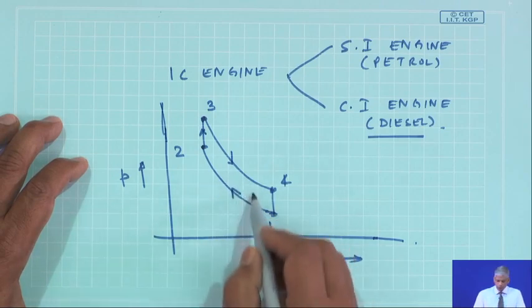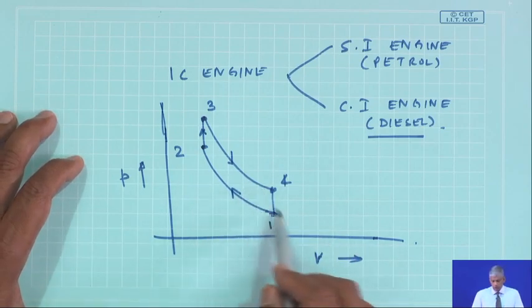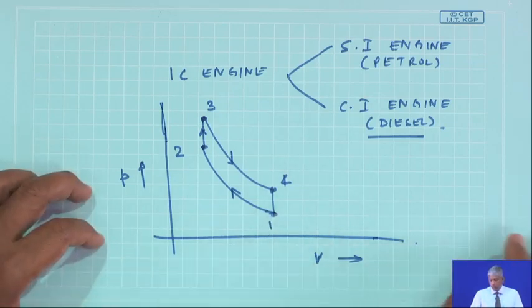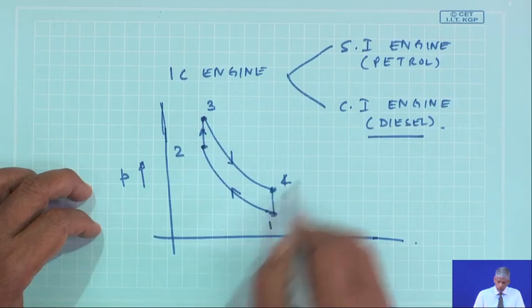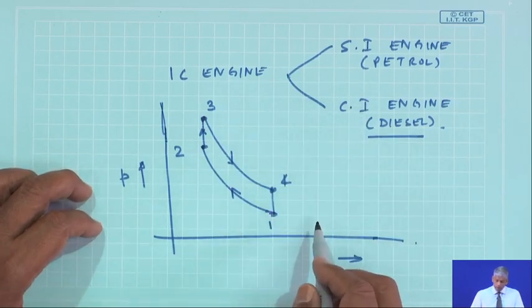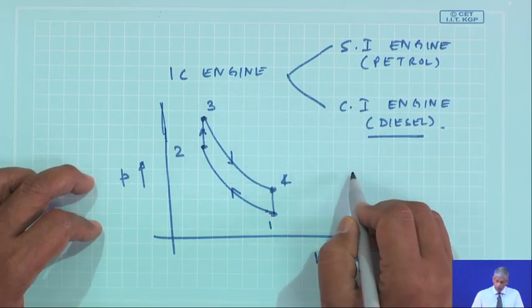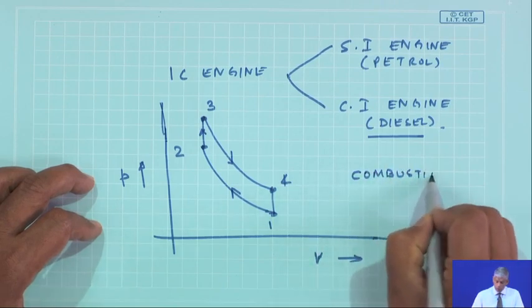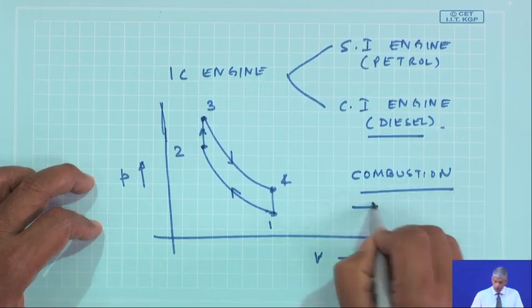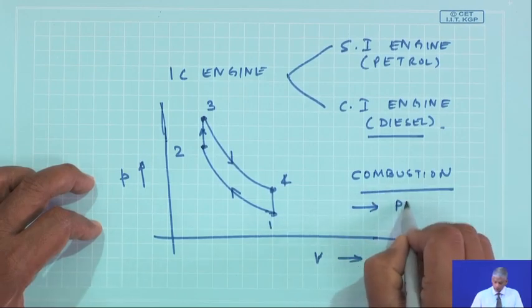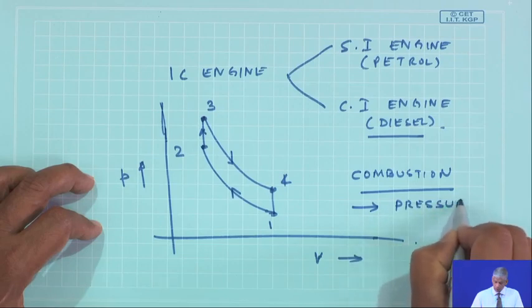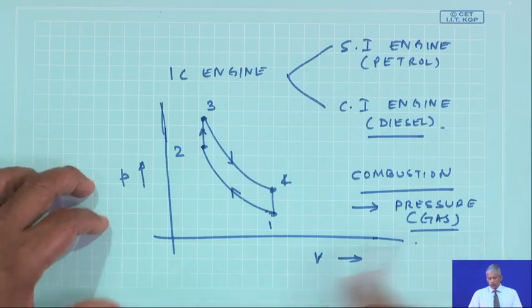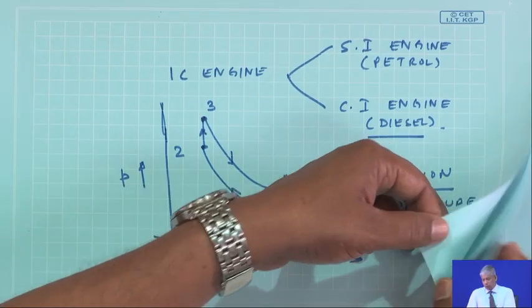the work done from this engine is the area enclosed by this curve. But as you all know, in any of these engines, of course this is for a petrol engine, because of combustion of the fuel, we get a pressure, which we call the gas pressure, and this is the prime mover.